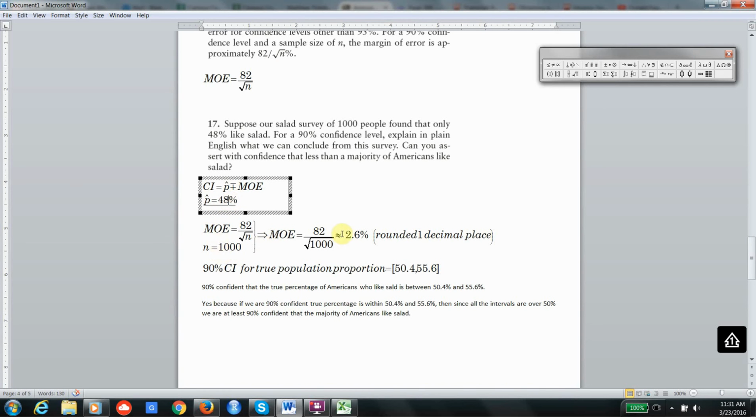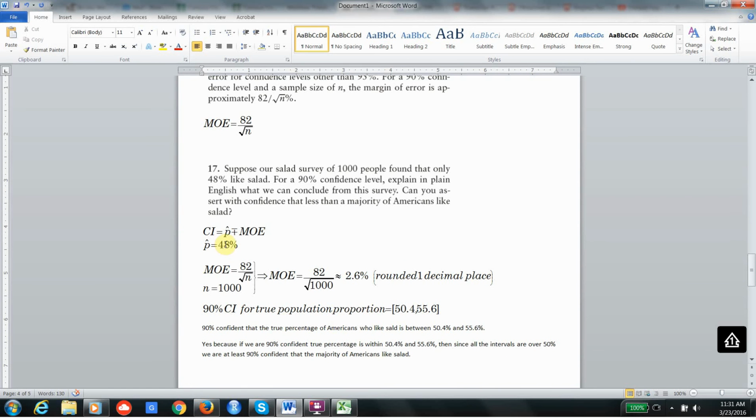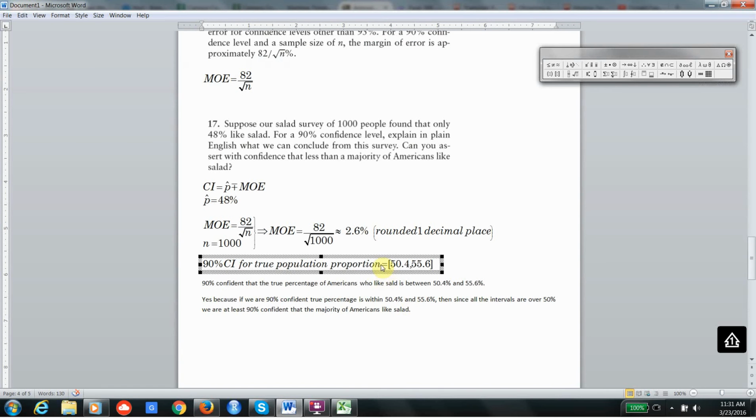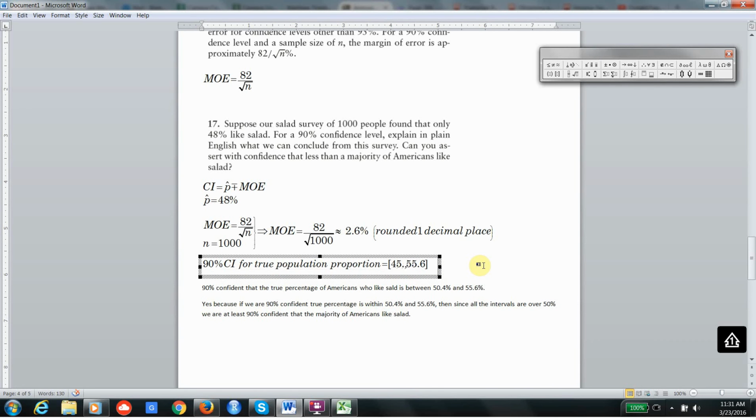Okay, so now when I do this, I still get the same margin of error, but notice I have to subtract and add 2.6. So when I add and subtract 2.6, I'm going to get 45.4 down here, and then I'm going to get 50.6.